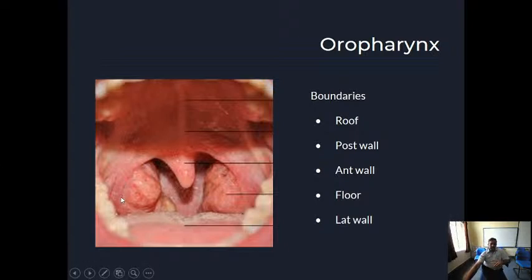So these are the ones called the tonsils, which are behind the palatoglossus muscle.